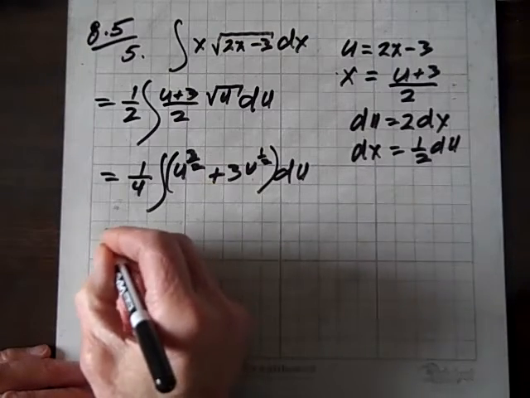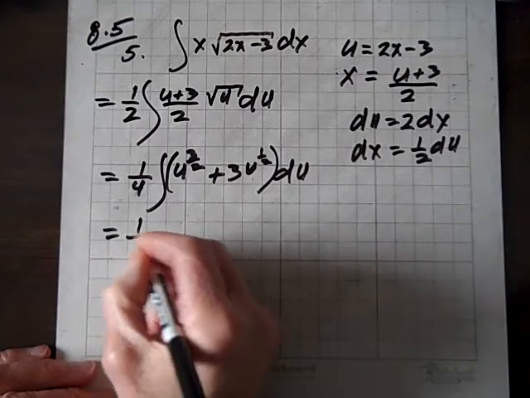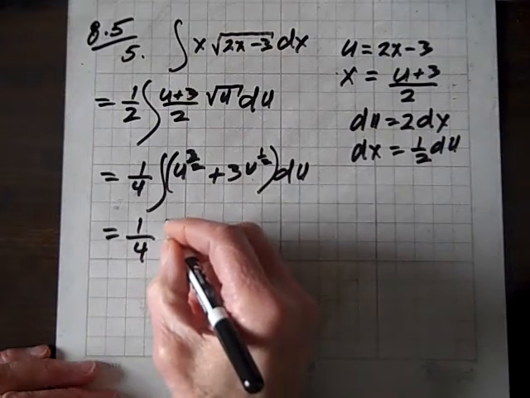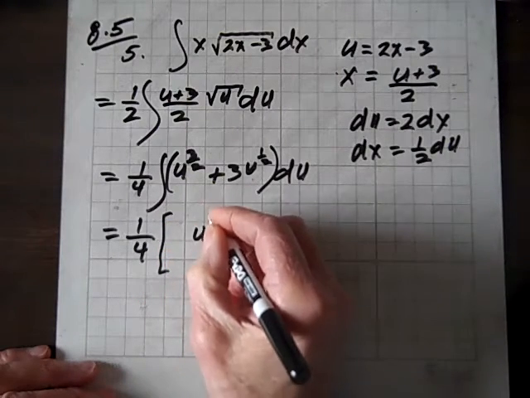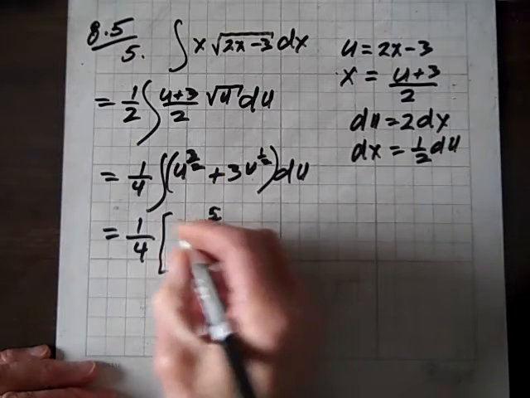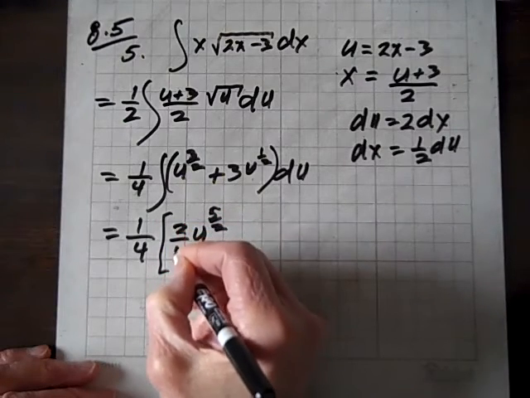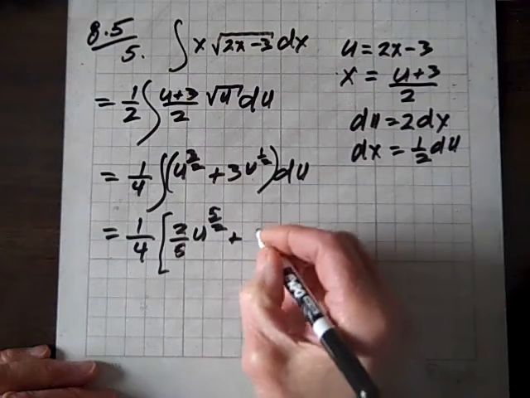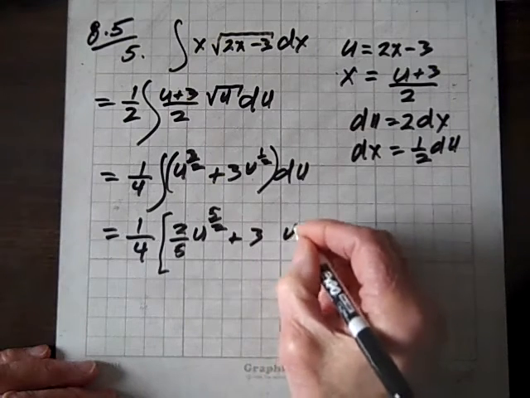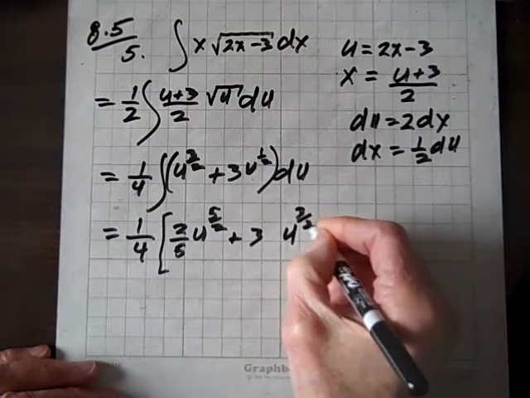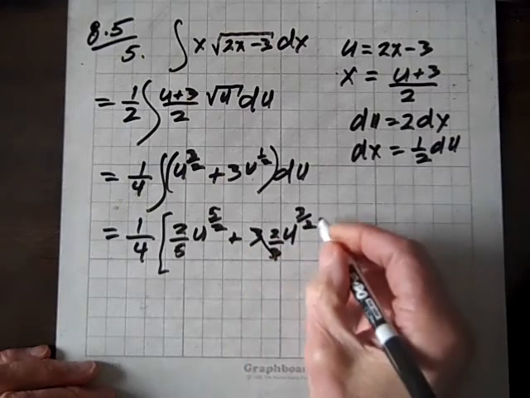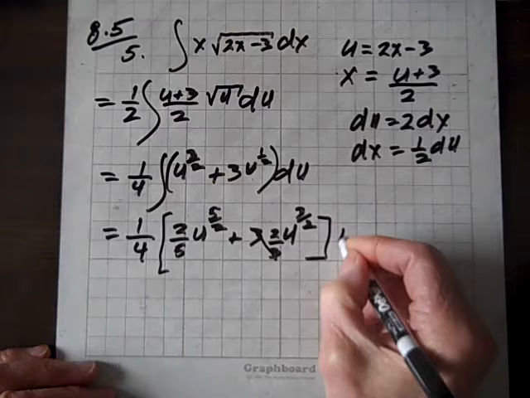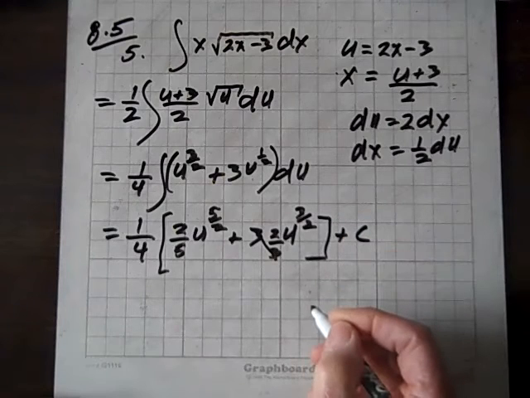Okay, and let's integrate, and this integrates, yeah. So we get u to the 5/2, we need a coefficient of 2/5 on that, plus 3 u to the 3/2, and we need a coefficient of 2/3 on that, and these 3's divide out, plus c.